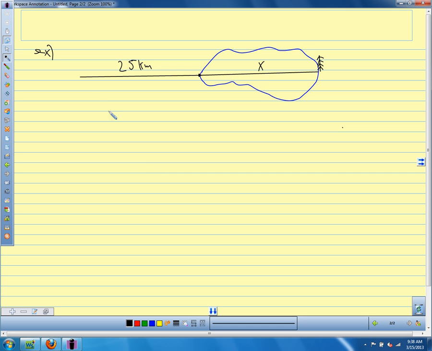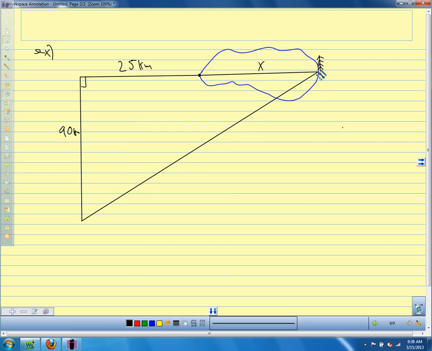And after we drive 25 kilometers, we turn, there's a road at a 90-degree angle, and we drive down this way. And this is a 90-degree angle, and we drive 90 kilometers. And we sight directly across here to the tree.